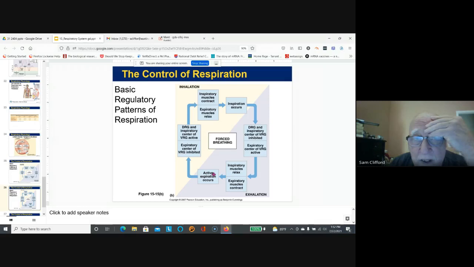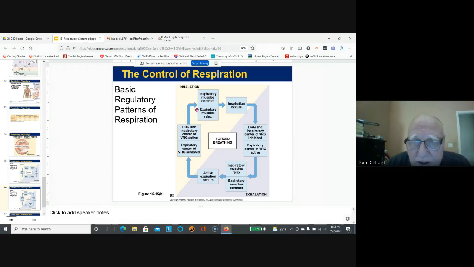Okay, in forced breathing, you're going to have many, many more expiratory and inspiratory muscles involved. You're going to have the breathing center, the inspiratory center controls your breathing.